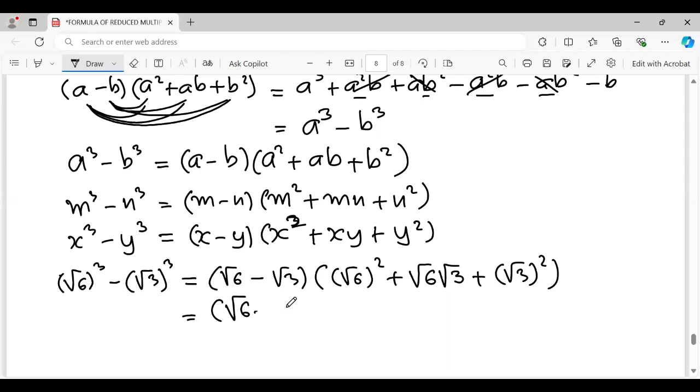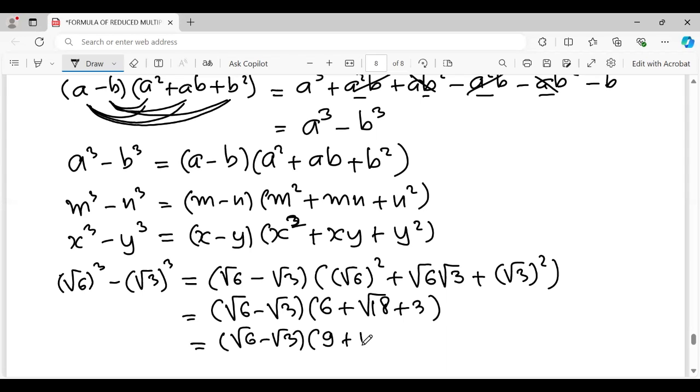That becomes (square root 6 minus square root 3) multiply (6 plus square root 18 plus 3). It becomes (square root 6 minus square root 3) multiply (9 plus square root 18).